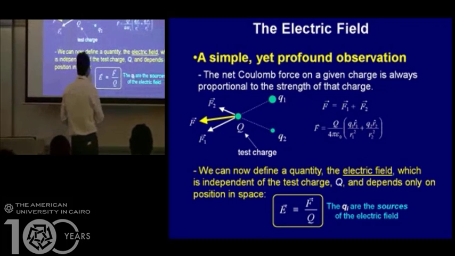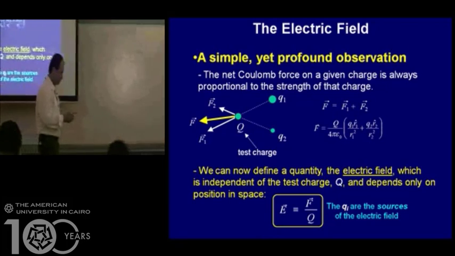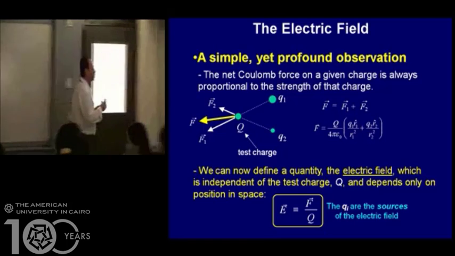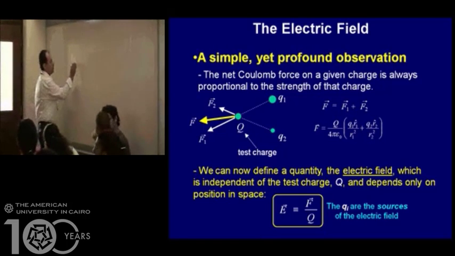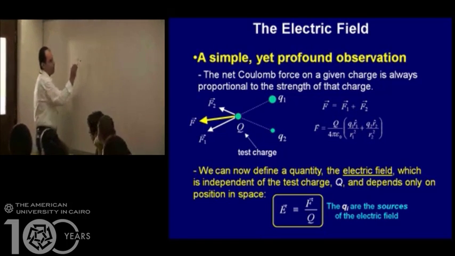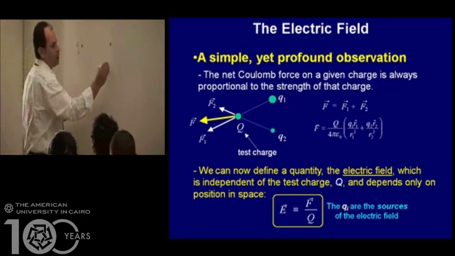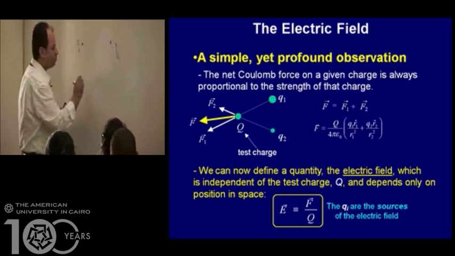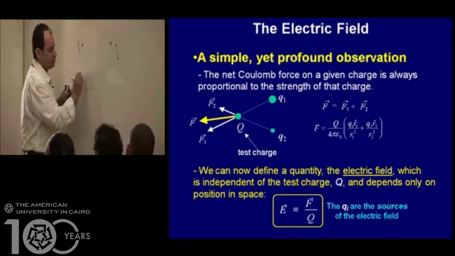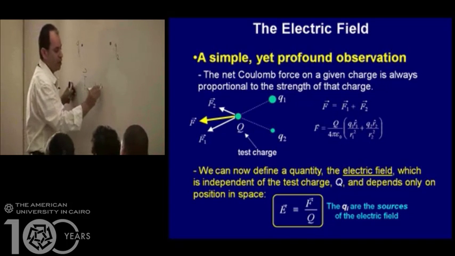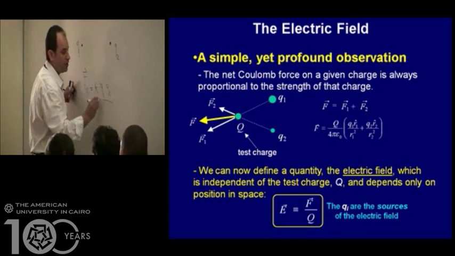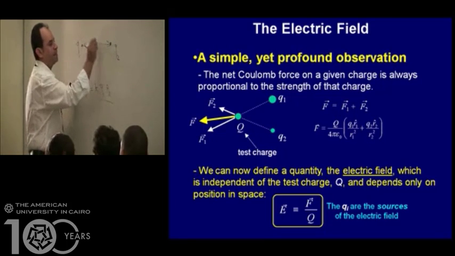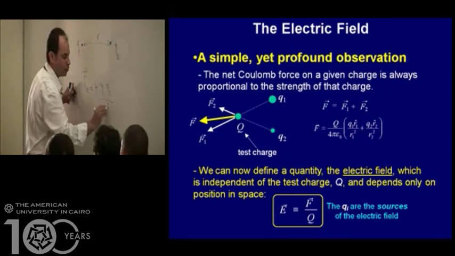If you remember the electric force from two charges, if we have a charge Q1 and a charge Q2, the force between them equals K Q1 Q2 divided by the distance between them squared.